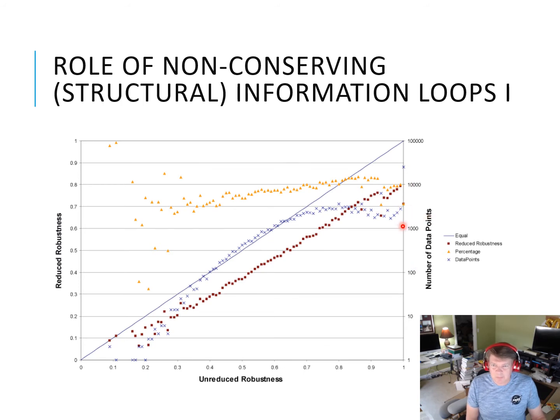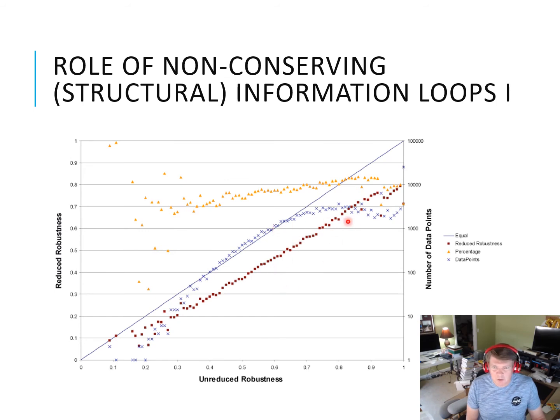There's a bit more information on here that tells us how many data points go into the calculations of the red line. For example, if we're looking at around 80% for the unreduced robustness, about 5,000 networks were used to find that average.